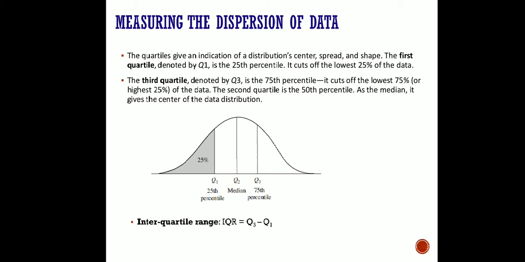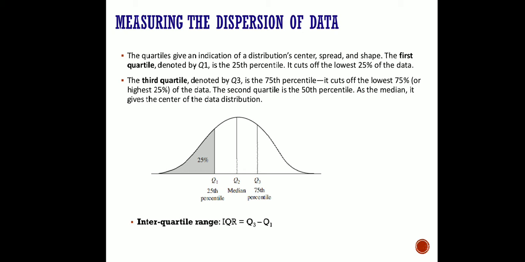If the total area has to be converted into the percentile concept, since we are just discarding 1/4 of the area, it will be nothing but 25%, the 25th percentile. Then Q3 is cutting off the lowest 75% of the data, or in other words, cutting off the highest 25% of the data.